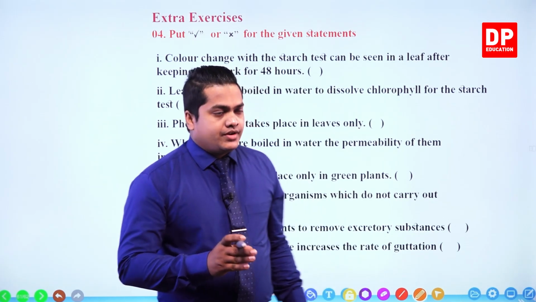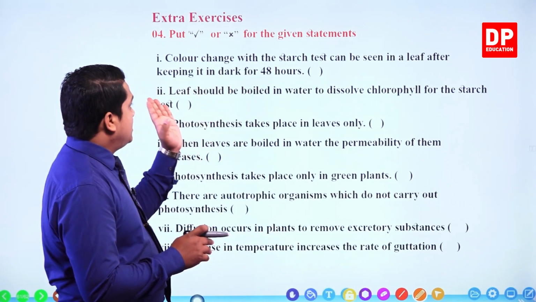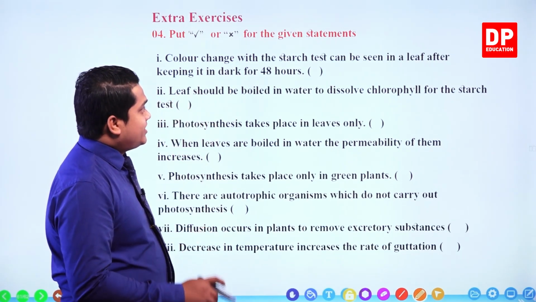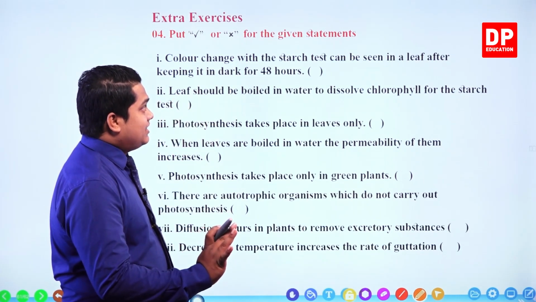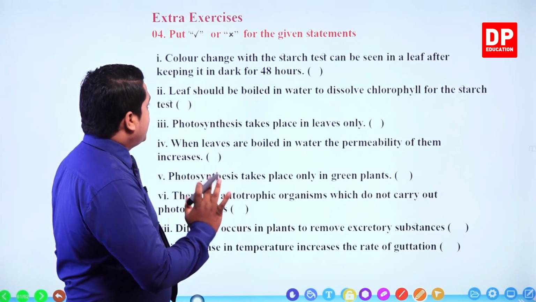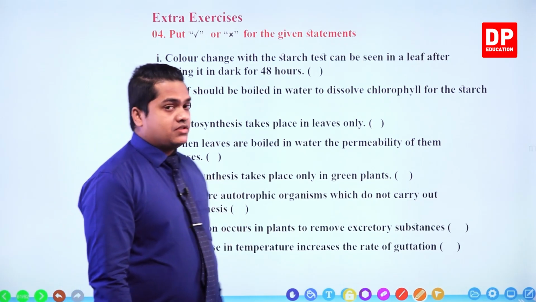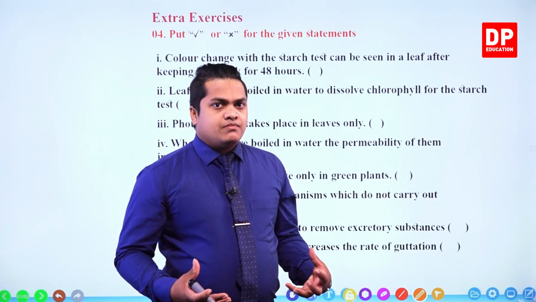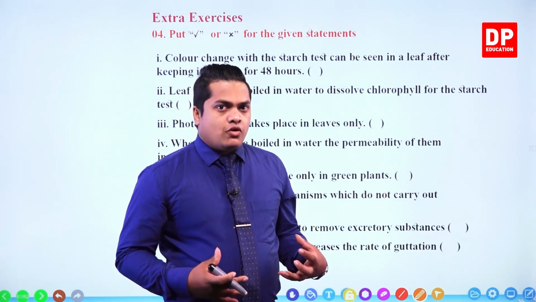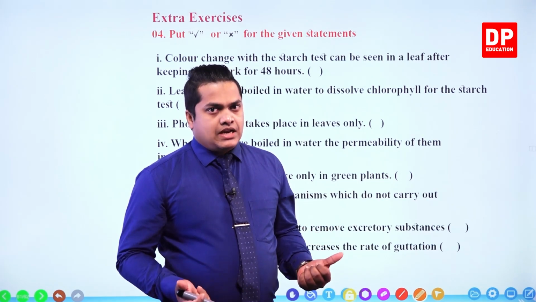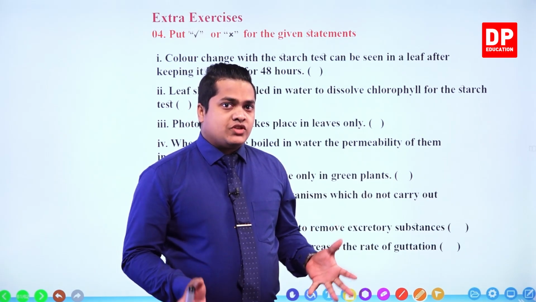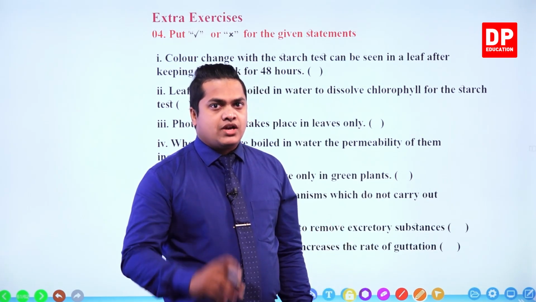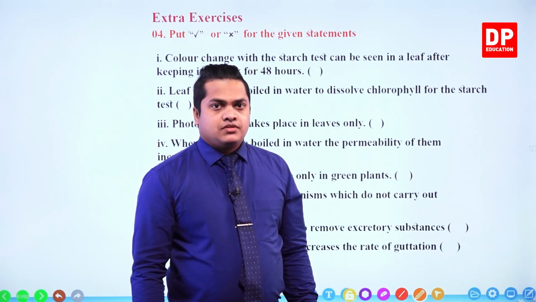So my dear children, in here they are asking, color change with the starch test can be seen in a leaf after keeping it in dark for 48 hours. Absolutely incorrect. Because we can't observe a color change because there is no sunlight and all the starch which had already been produced has been used up within 48 hours.